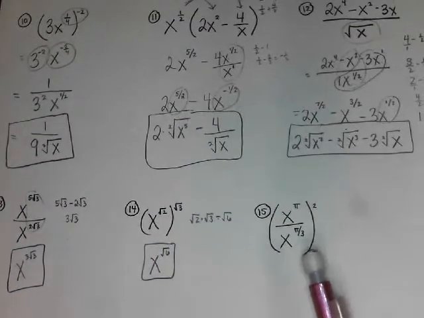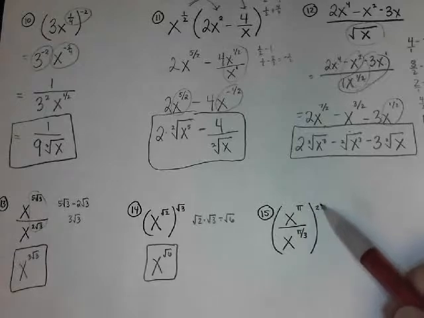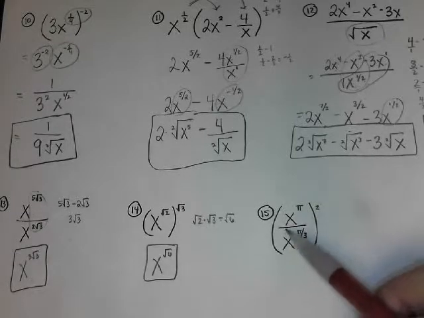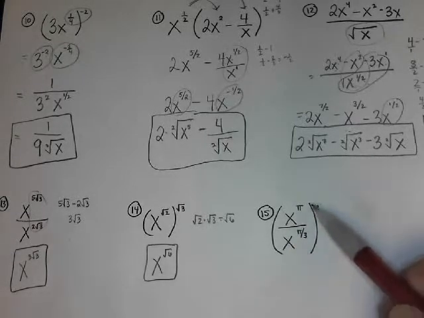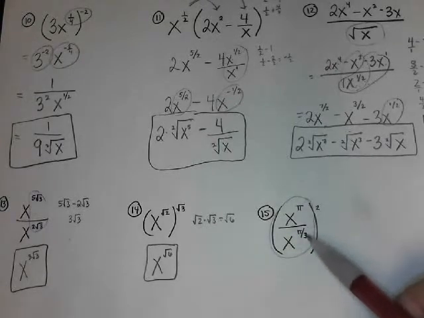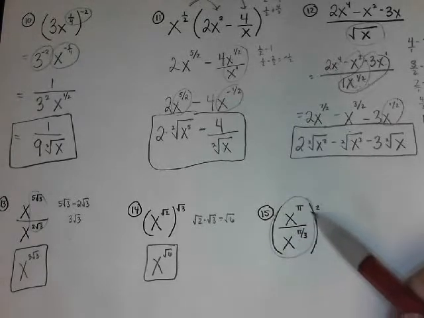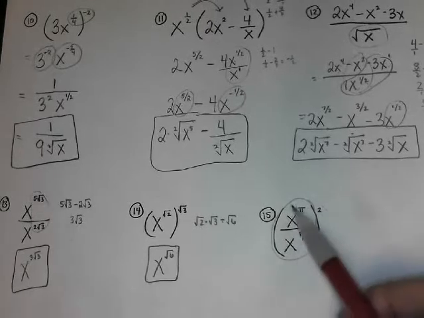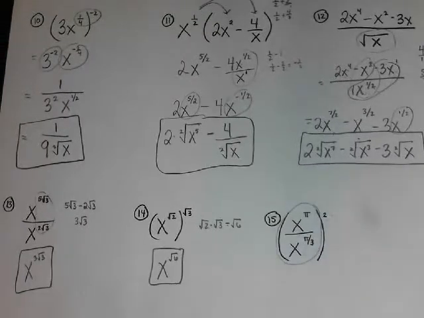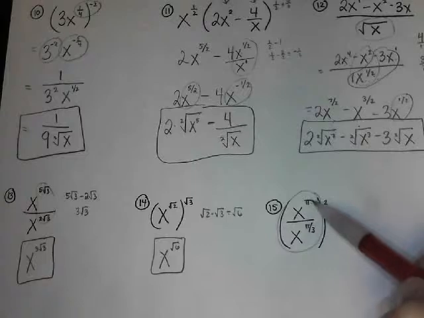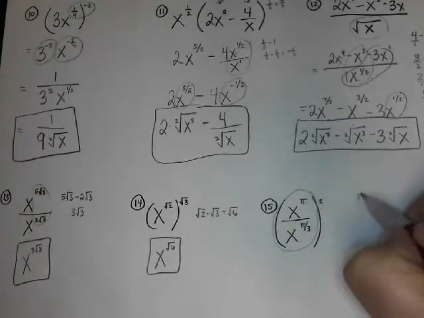And then here we have a choice. We can square the numerator and square the denominator and then worry about dividing common bases, or we can simplify here first by dividing common bases and then square the answer. I think I'm going to start inside, simplifying inside first. So I need to subtract pi minus pi over 3.